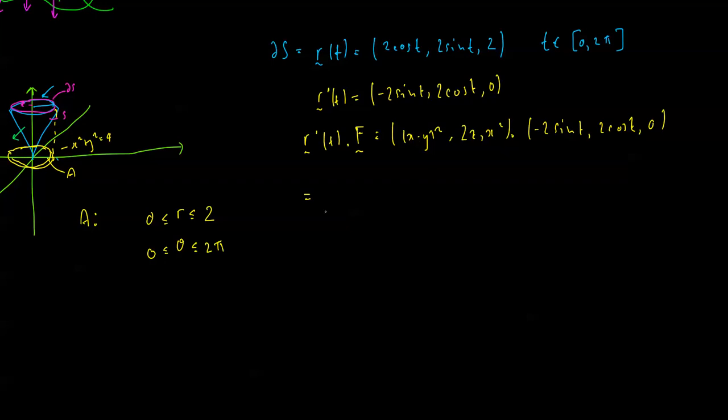So it's going to be equal to negative 2 (x minus y) all squared sin t plus 2z times 2 cos t plus 0.